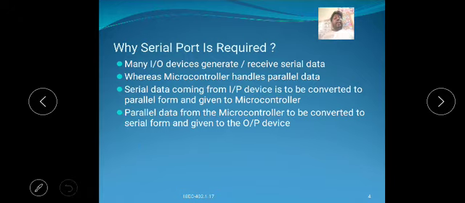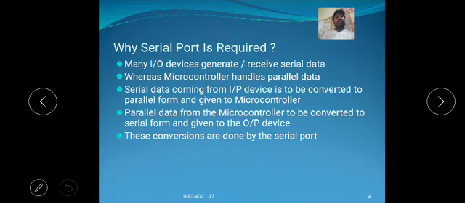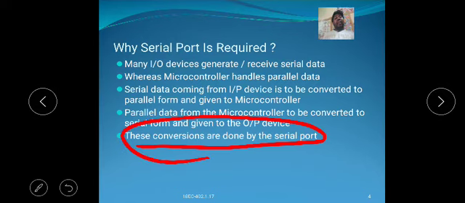The serial data coming from the input device is converted to parallel form and given to the microcontroller. The parallel data from the microcontroller is converted to serial form and given to the output device. These conversions are done by the serial port. That is the reason the serial port is required.